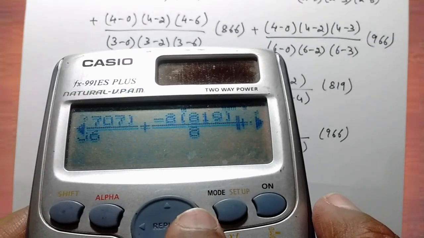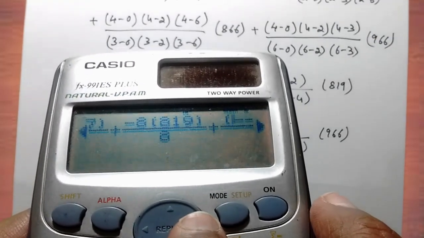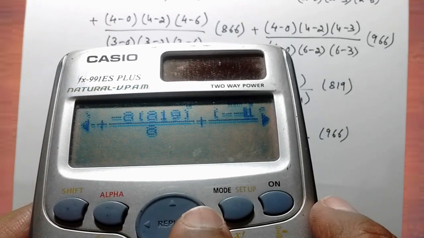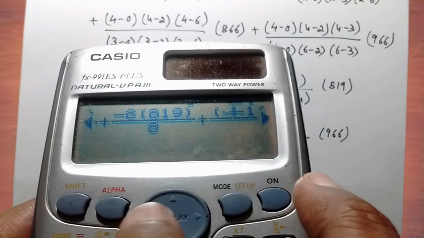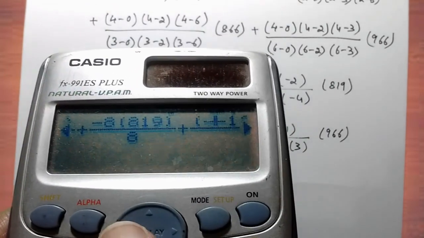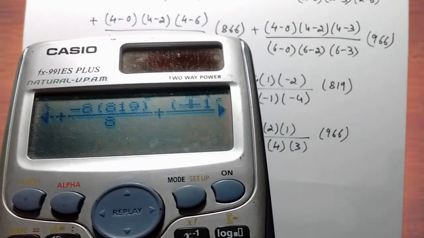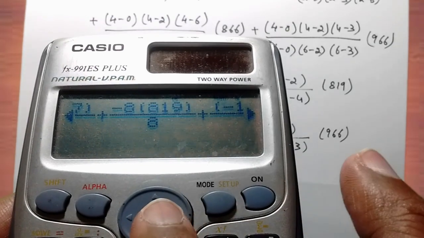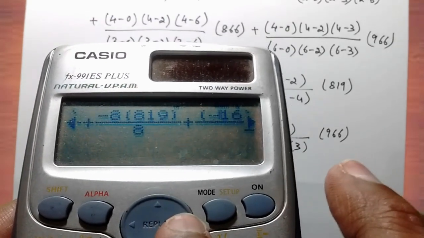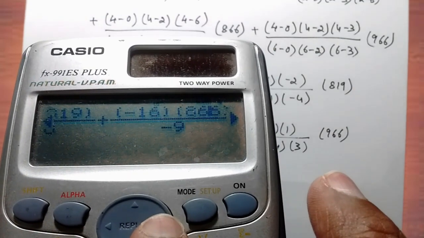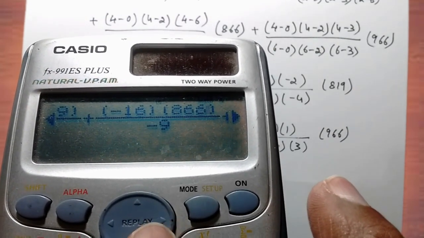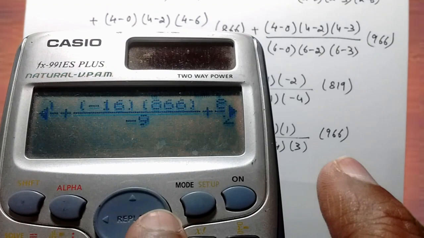Next term is minus 16 multiplied by 866 divided by minus 9.